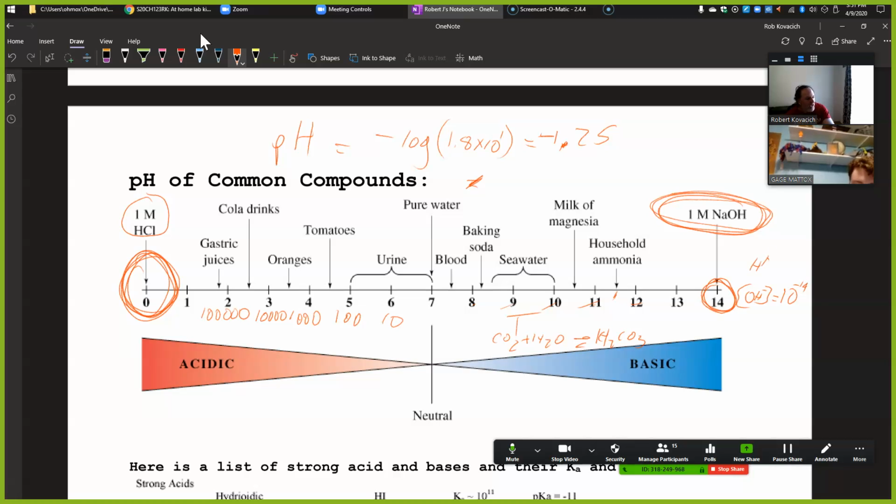What's the H plus ion concentration? 10 to the 0. We okay with that? 10 to the 0? So 10 to the 0 becomes what number? 1. And then there's 10 to the minus 14.